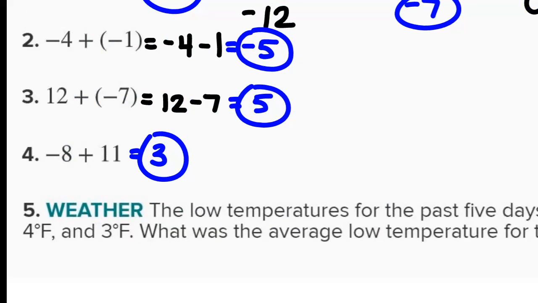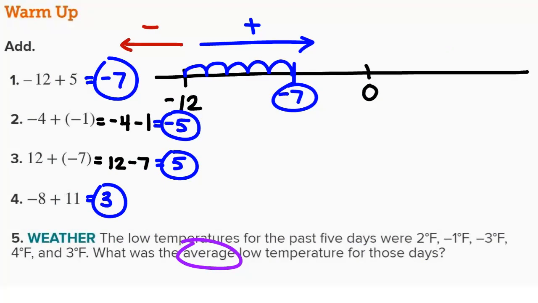And then the very last problem on the bell work today, they ask us to find the average. How do you find the average when they give you a bunch of numbers like this? What do you do to find the average for something? That's absolutely correct. We're going to add them all up, and we're going to divide by however many numbers they gave us.